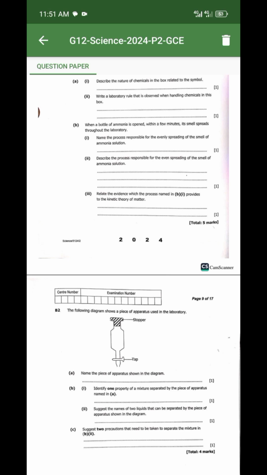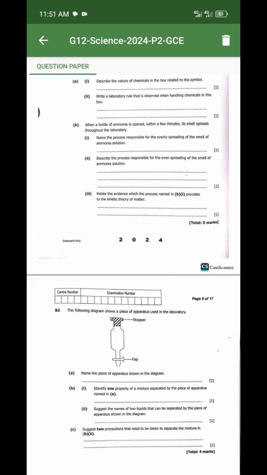So here what they want is the evidence that is able to tell us that indeed diffusion took place. Indeed, the particles moved by diffusion. So the evidence provided to prove that the particles were in motion is what we refer to as Brownian motion.